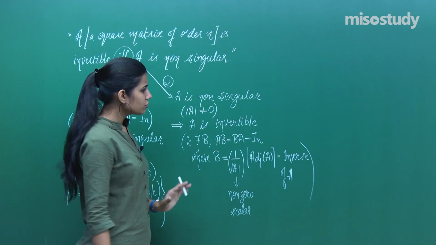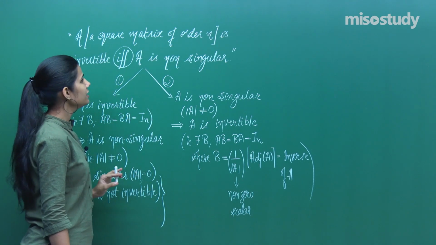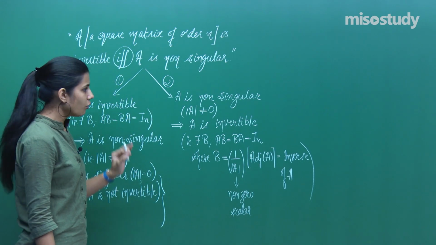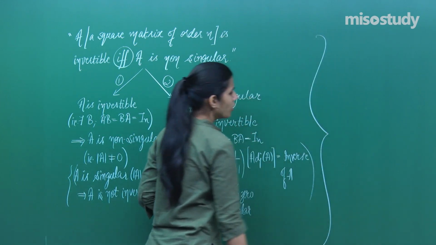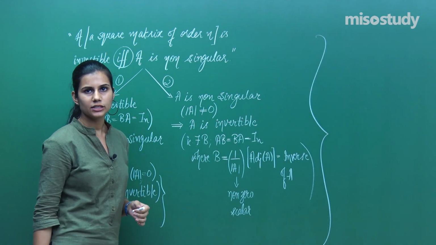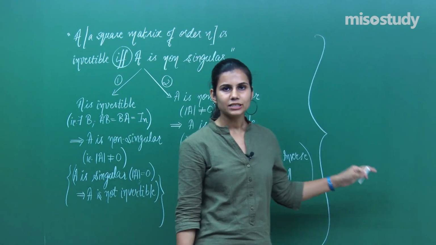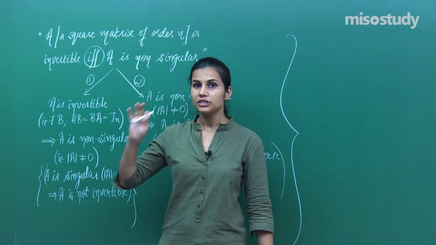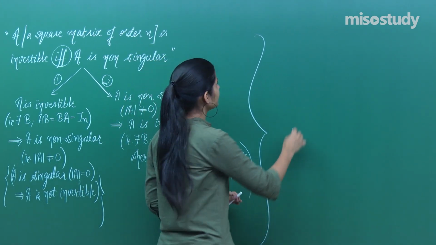So these two conclusions we had derived from the result that A is invertible if and only if it is non-singular. What is the relevance of this result? We are going to now begin with this new section, which at a point is going to use this result drastically. What is that particular article?